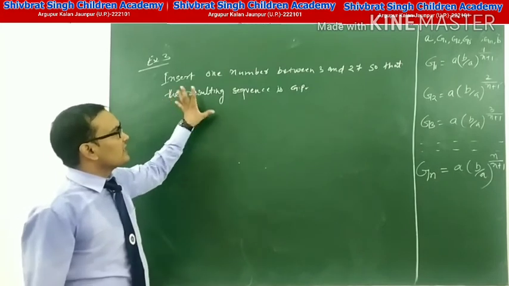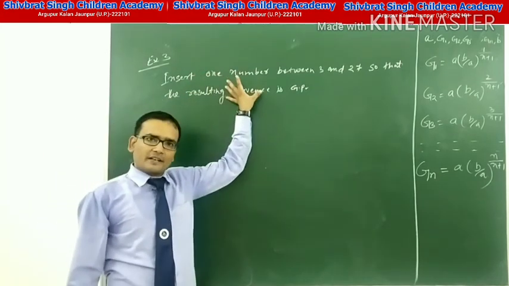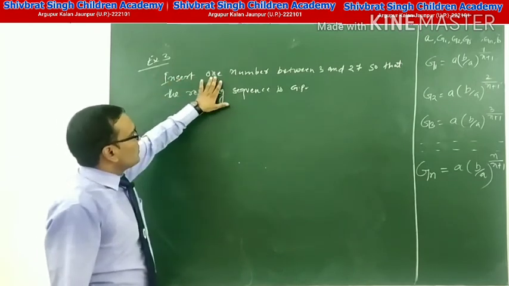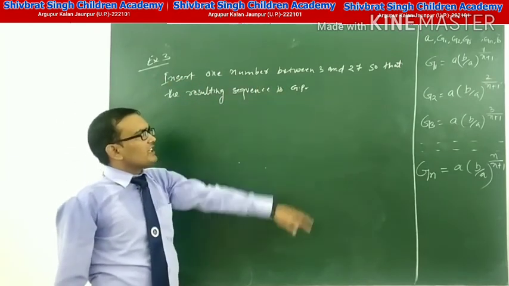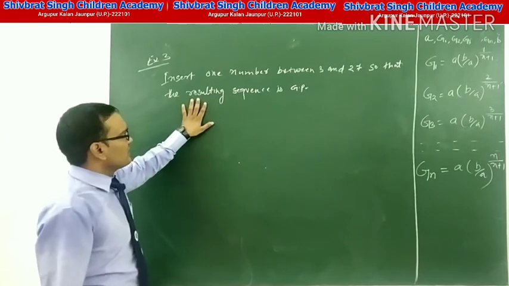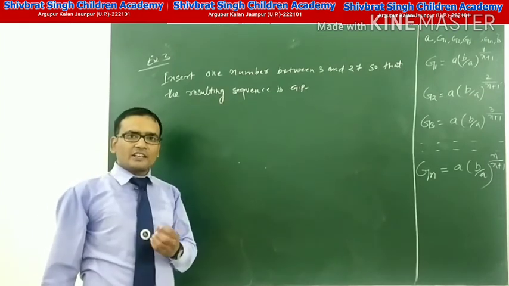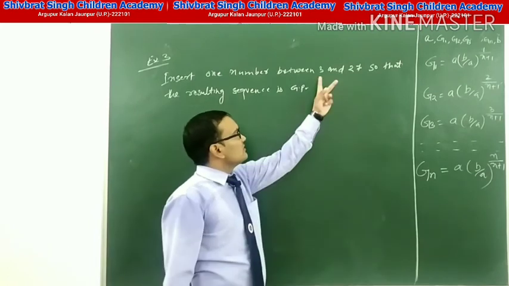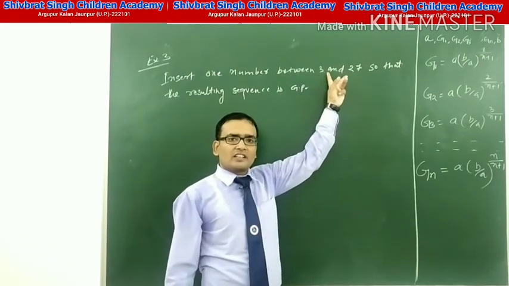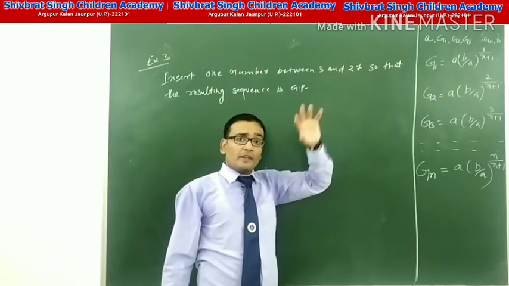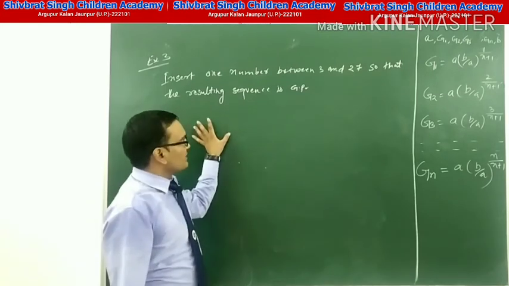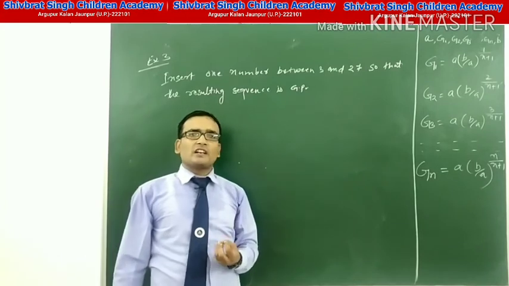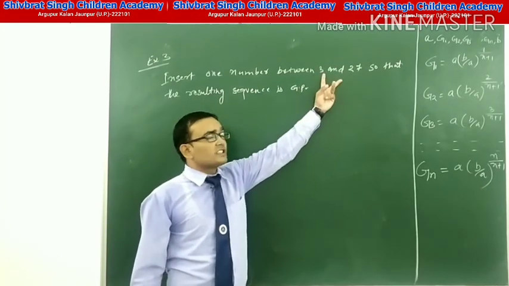But here the geometric mean is not directly mentioned. The question just says insert one number between 3 and 27 so that the resulting sequence is a GP. That means we can insert a number between 3 and 27 and make the sequence a GP. That means this number is also the geometric mean of these numbers.